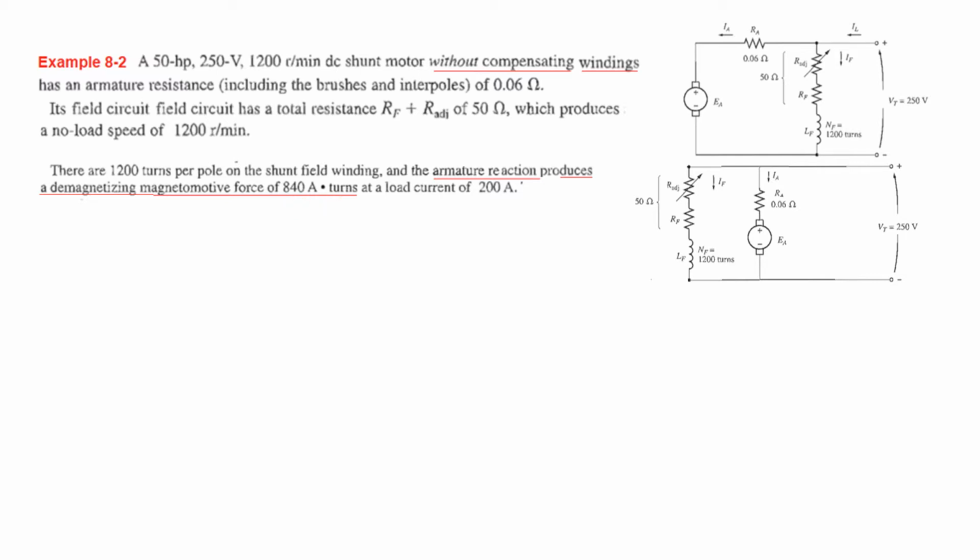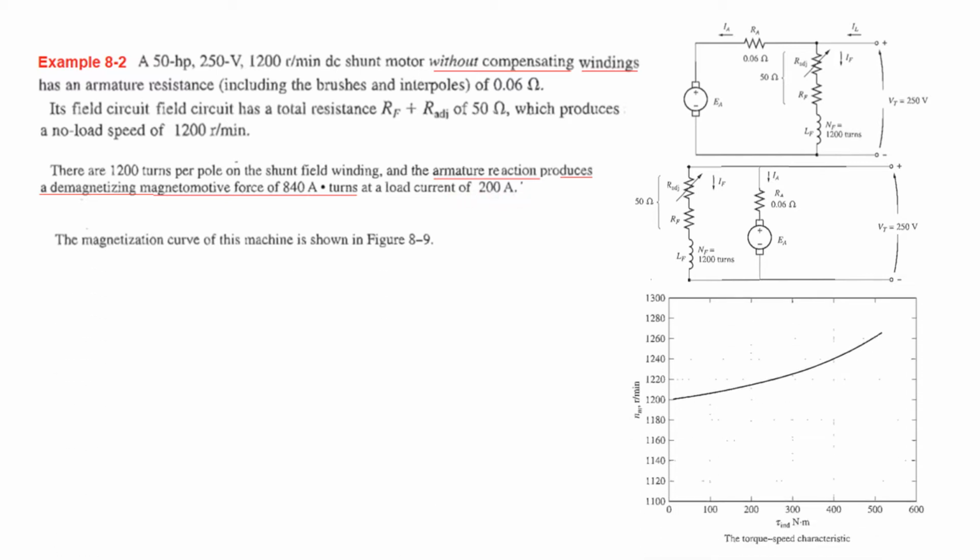So now that the armature reaction is present, it is creating a force of 840 ampere turns at a load current of 200 amperes. So this data, 840 ampere turns, is only for when the load current is 200 amperes. The magnetizing curve of this machine is shown in the figure.